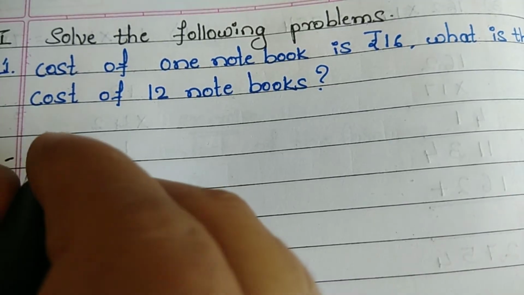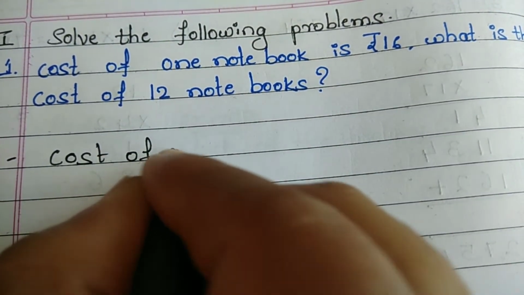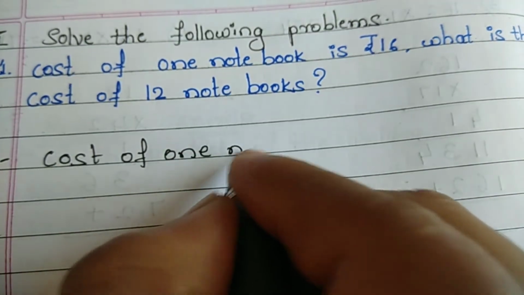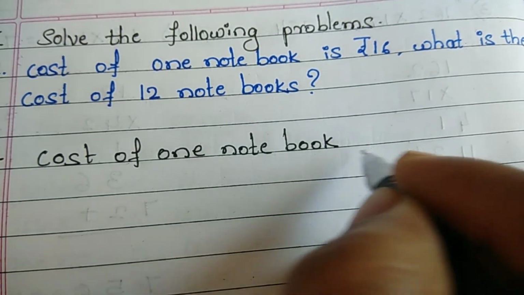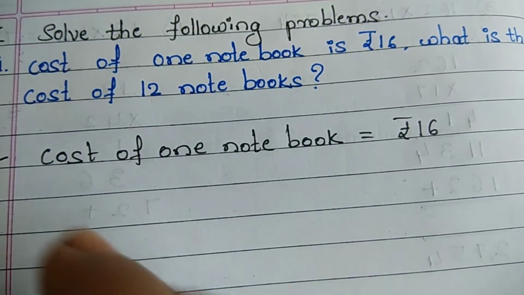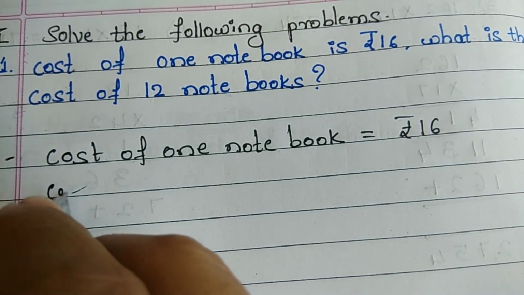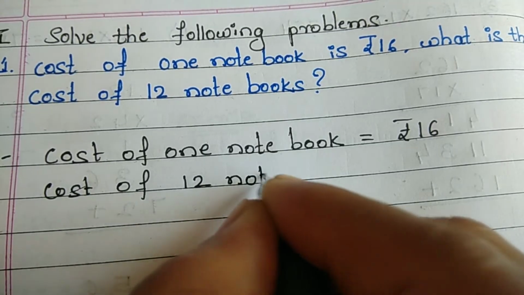Write down here. First you write down cost of one notebook. Okay, when they given one notebook, how much they given? Tell me how much they given, children? Yes, 16 rupees. Okay. Next you write cost of 12 notebooks.